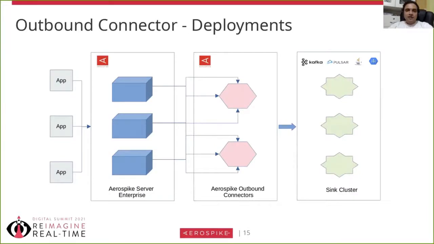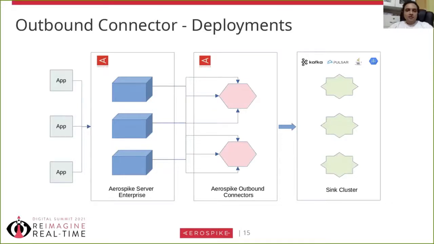Next, we look at different ways in which you can deploy the outbound connectors. What you see here is the simplest deployment, where you have one layer which runs the Aerospike server. You have another layer which runs multiple instances of the outbound connector, and then the final layer is your sink cluster, which could be again Kafka, Pulsar, or Google PubSub, or a JMS based messaging system.